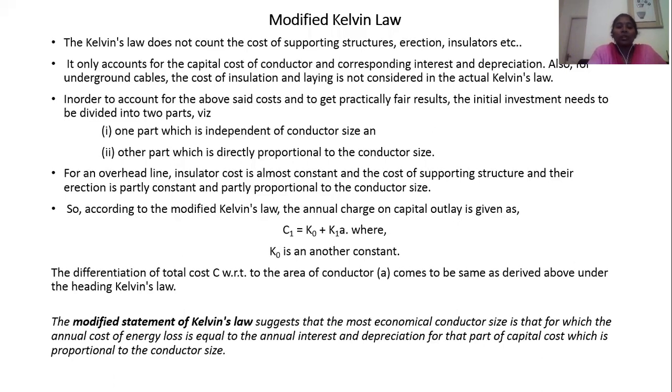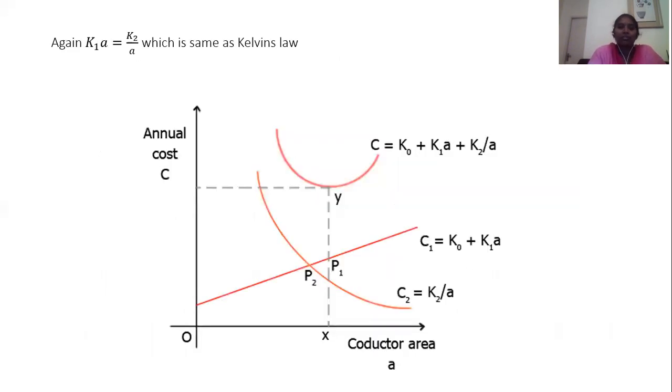So what is the statement of the modified Kelvin's law? It suggests that the most economical conductor size is that for which the annual cost of the energy loss is equal to the annual interest and depreciation on that part of the capital cost which is proportional to the conductor size. The graphical illustration of the modified Kelvin's law is shown here, with C1, C2, and obviously the economical size of the conductor at the lowest point.